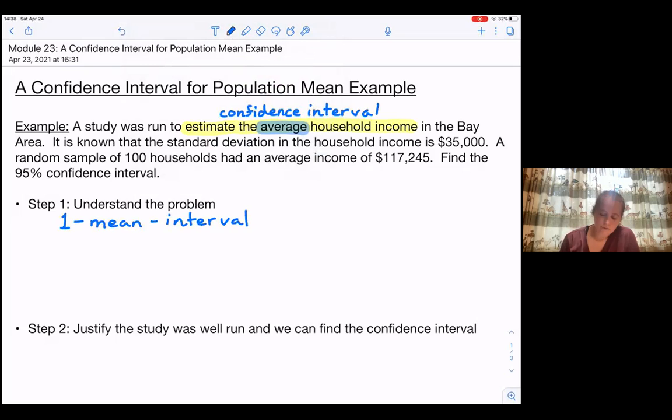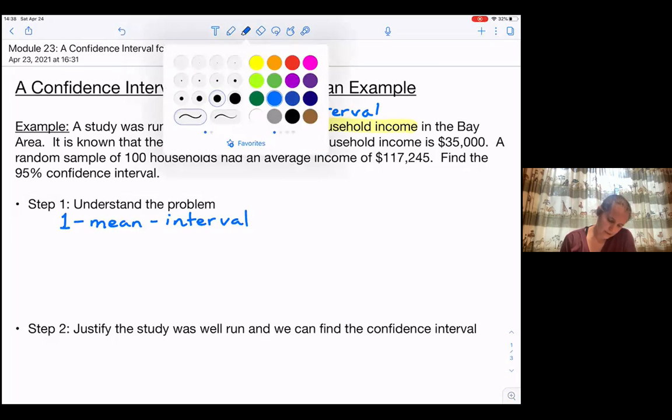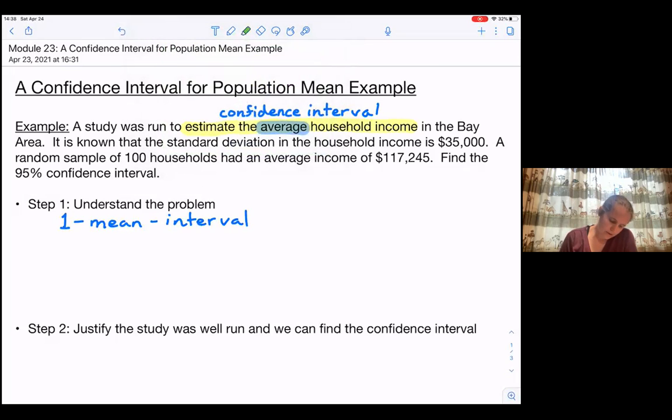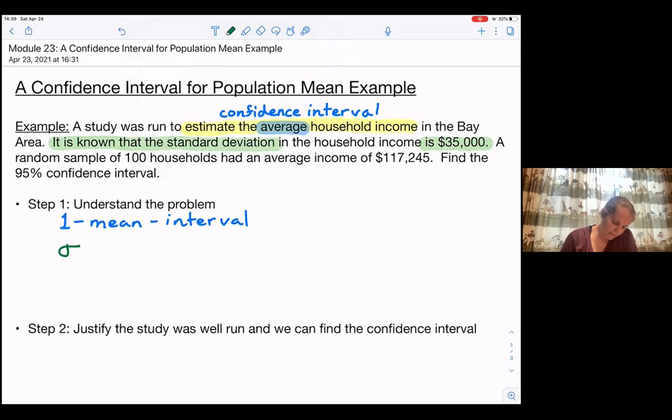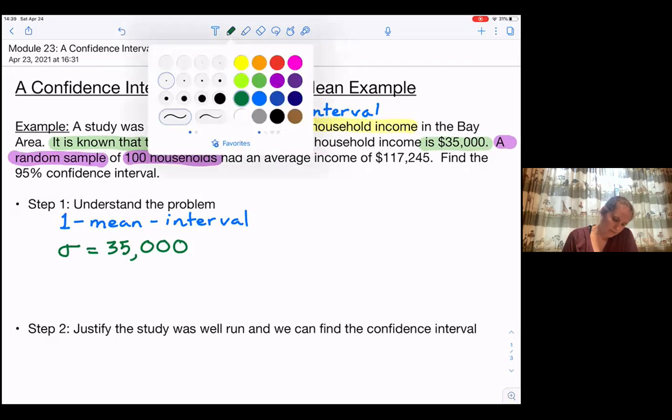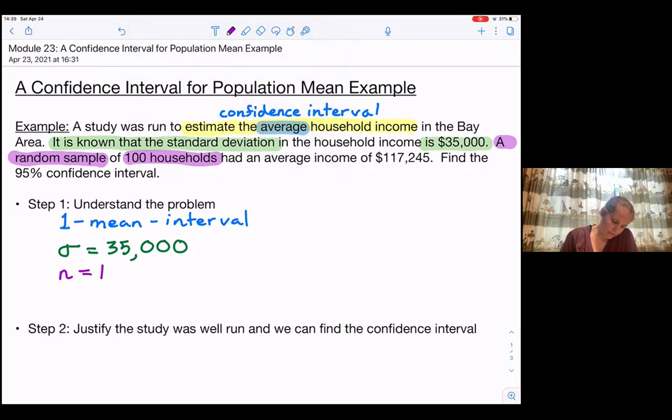In addition to this, we have our population standard deviation. It's a known fact. So here's our population standard deviation of 35,000. So sigma is 35,000. We take a random sample of the households, and it has 100 households. So n is 100.